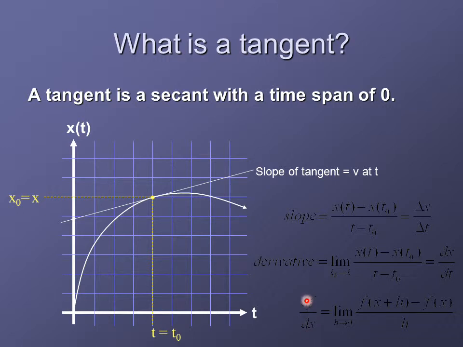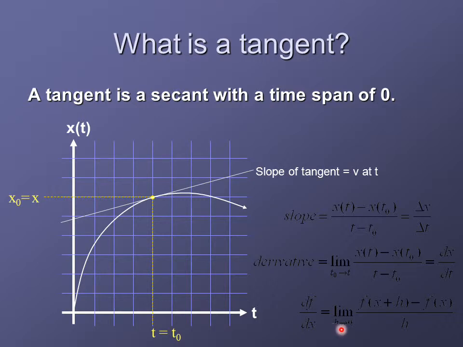The derivative of a function with respect to x, or the derivative of the dependent variable with respect to the independent variable, is the limit as, and they introduce this h. The h is just the span of your secant. So it's the limit as the span of your secant approaches 0, because remember, a tangent is a secant line with a time span of 0.